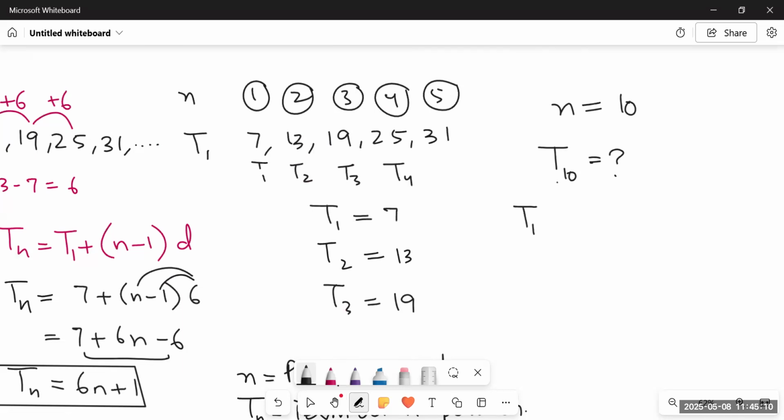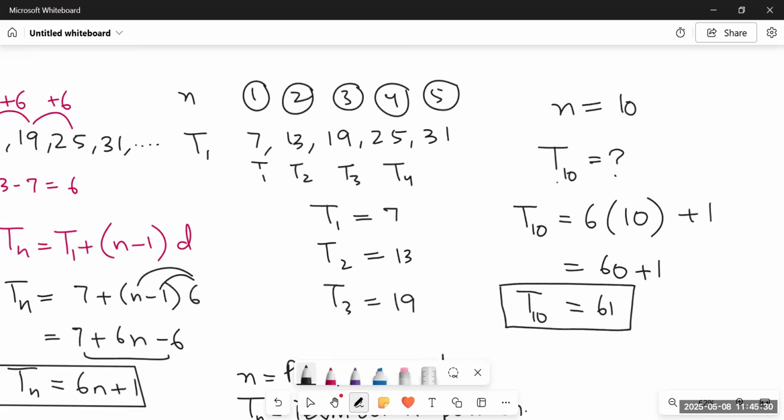I will simply apply the formula: T10 is equal to 6 into 10 plus 1, which means 6 tens are 60 plus 1 is equal to 61. So in this sequence, the term at the 10th position would be 61. This is the concept behind finding the nth term, right?